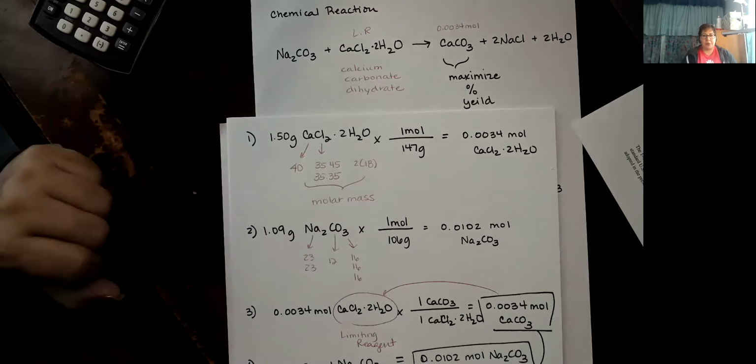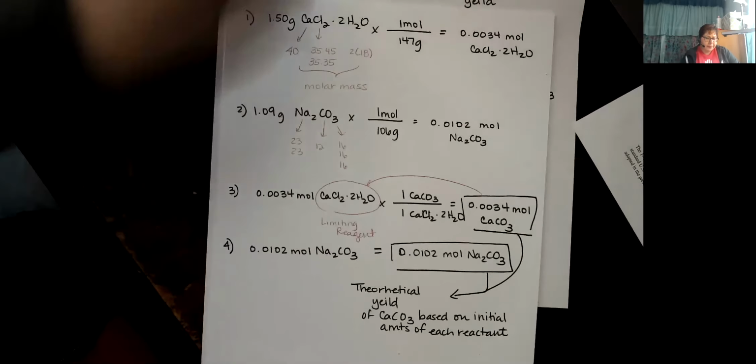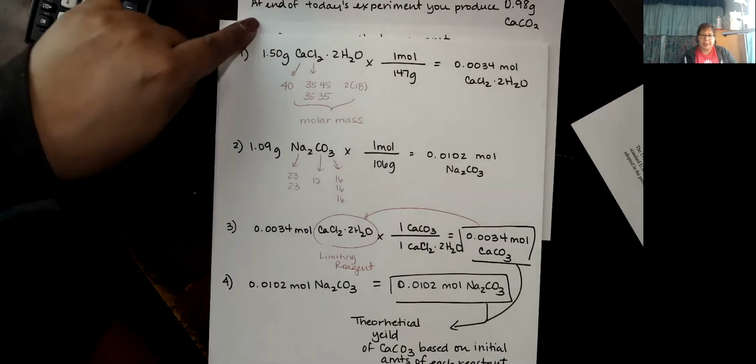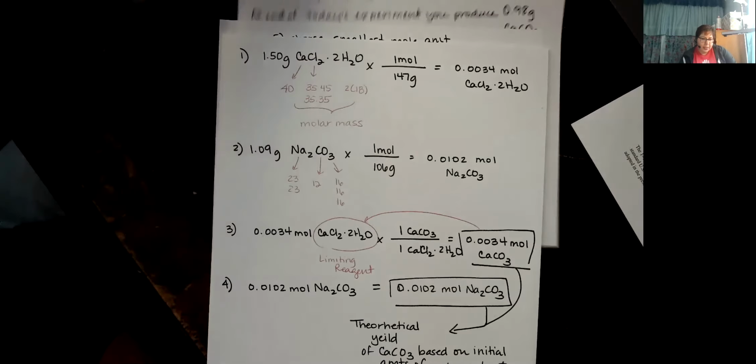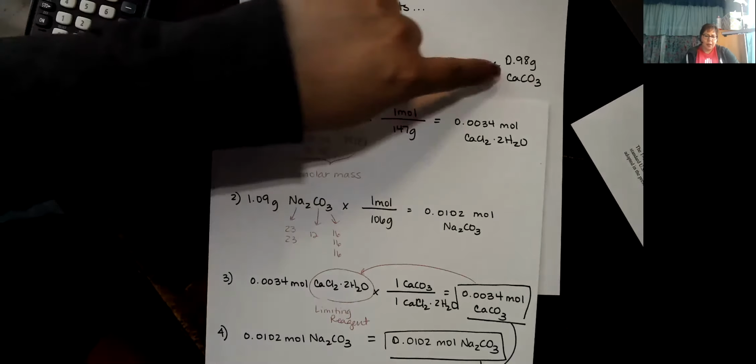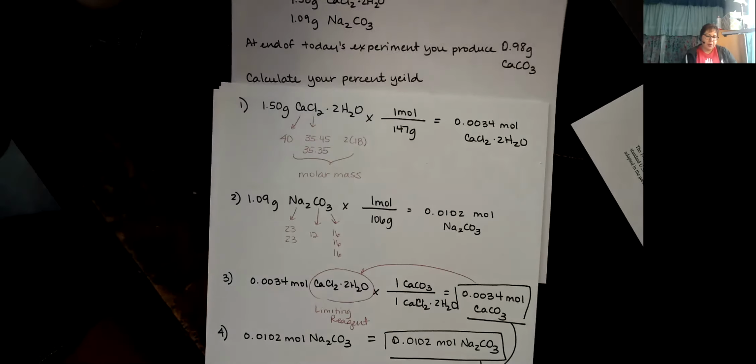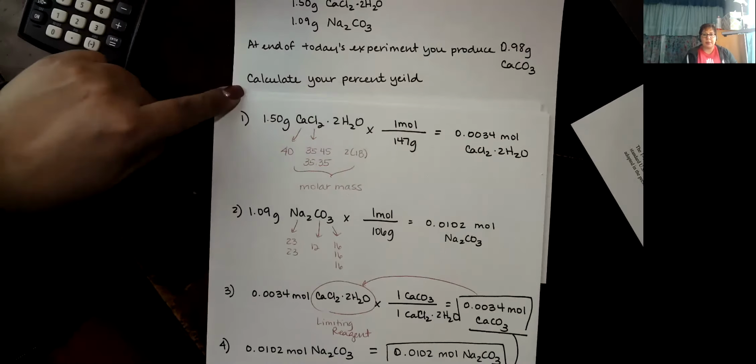The last step is, let's say when I'm all done, according to the problem at the end of today's experiment, I produced 98 grams of calcium carbonate. And I want to know, what is my percent yield?